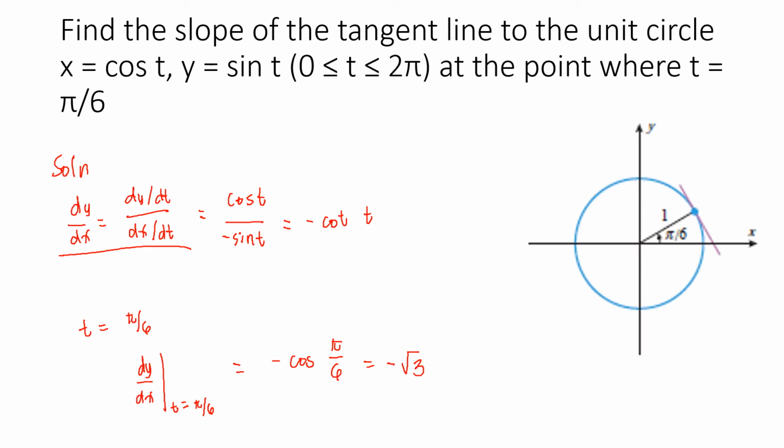At points where dx over dt is equal to 0 and dy over dt is not equal to 0, the right side of this equation has a non-zero numerator and a zero denominator. We agree that the curve has infinite slope and a vertical tangent line at such points.